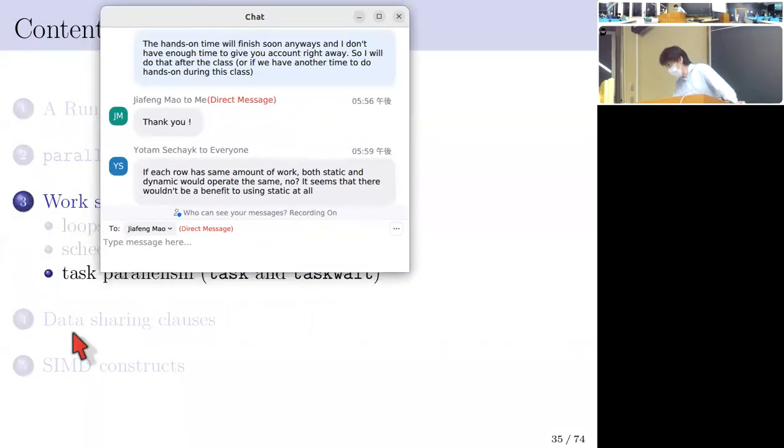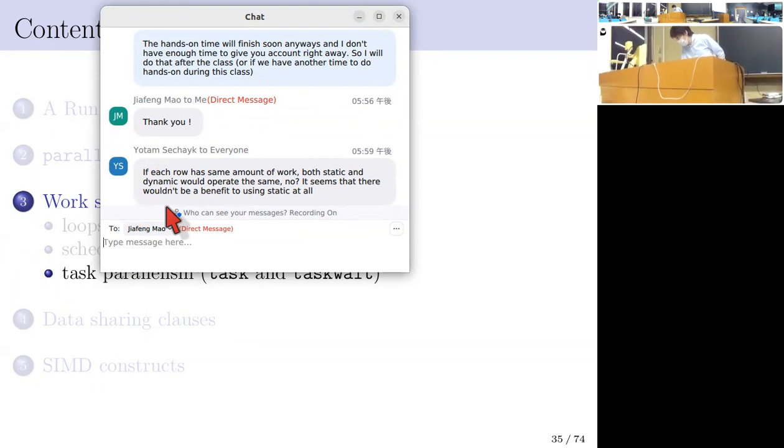Okay, so the question was, if each row has the same amount of work, could both static and dynamic operate the same? No, I think that there will be a difference. Actually, like I suggested in passing, dynamic scheduling has its own disadvantage, which is that it takes some coordination and communication at runtime, so that each thread works on an iteration that has not been worked on by any other thread so far.